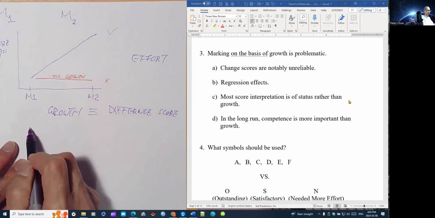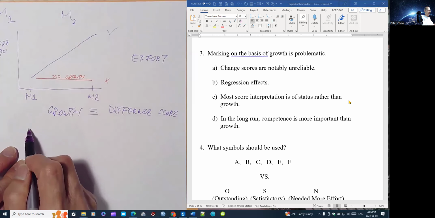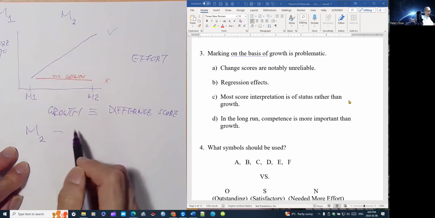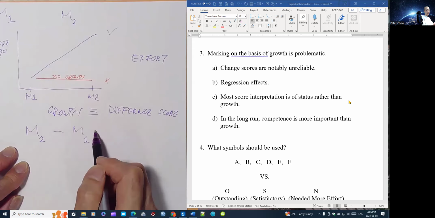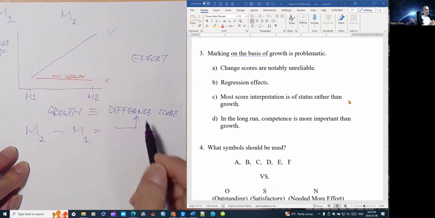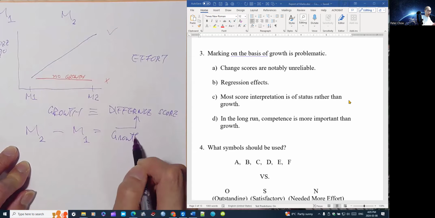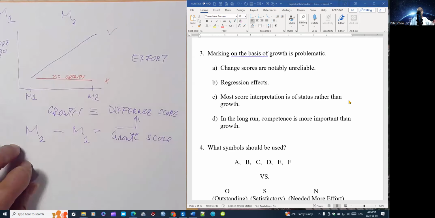We assign a mark on the second occasion minus the mark on the first occasion. This is equal to the difference score, or it is called the growth score.